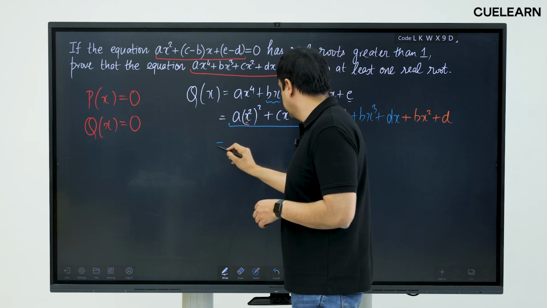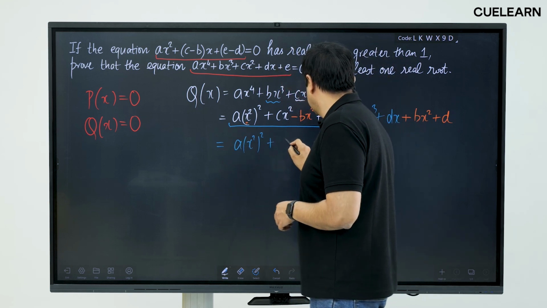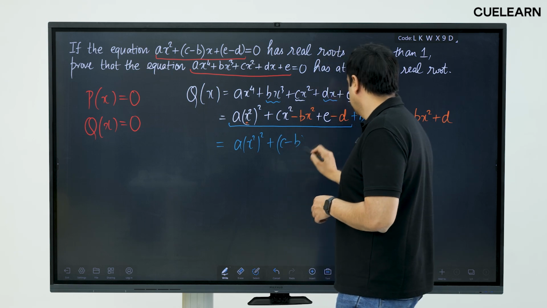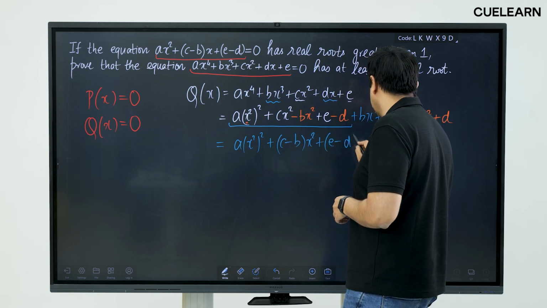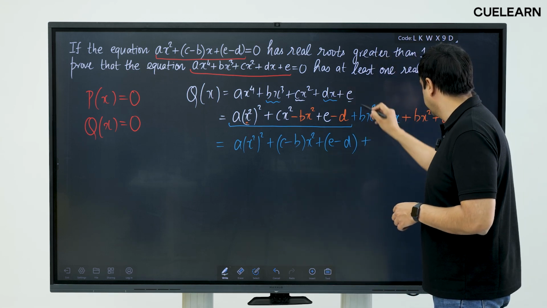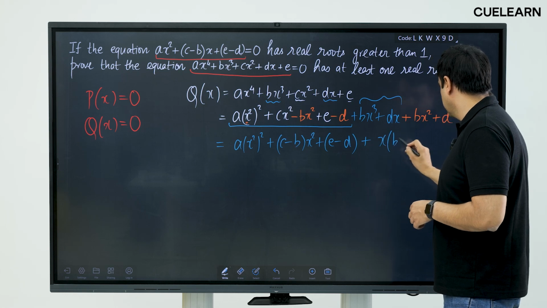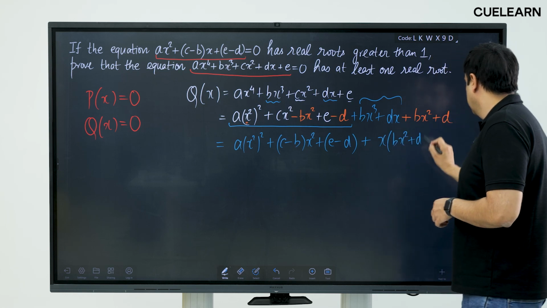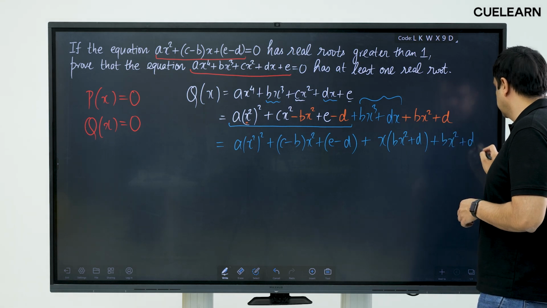And if I rewrite this, what do I get? a times x square squared plus (c minus b) times x square plus (e minus d). And I'll just copy these. I can factorize this, take out an x common. So, x times (bx square plus d) plus I copy this bx square plus d, and this is where we are.